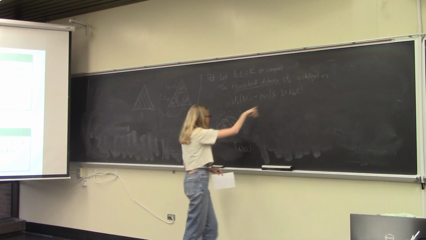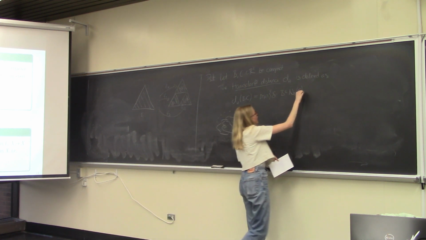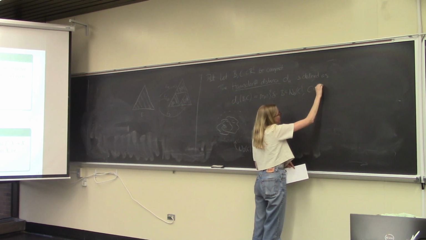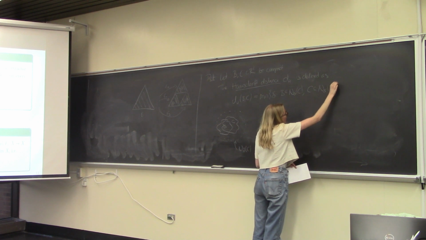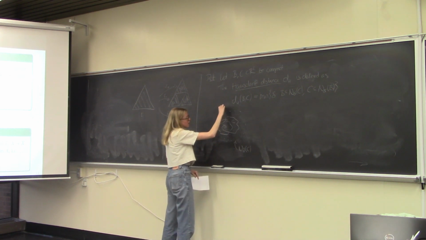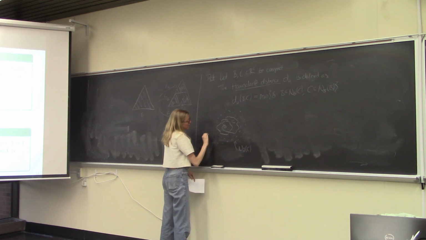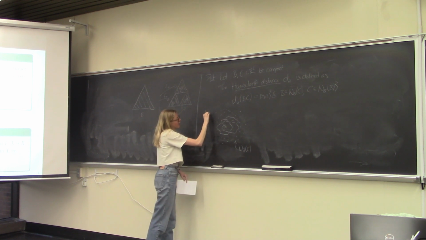I want that B is contained in the delta neighborhood of C, and on the other hand, I want that C is contained in the delta neighborhood of B. And we should look for the minimal such delta.